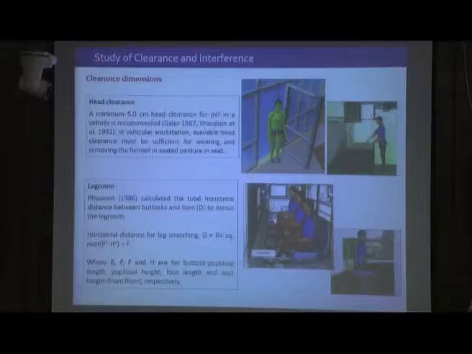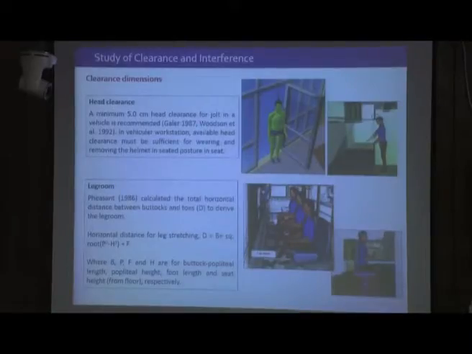We can create a 95th percentile digital human model using the anthropometric data of the population who are going to use this facility. If we position a 95th or 99th percentile mannequin in front of the door, we can visually check whether the head clearance is sufficient. If it is, we go ahead with the design. Otherwise, we need to increase the door height.